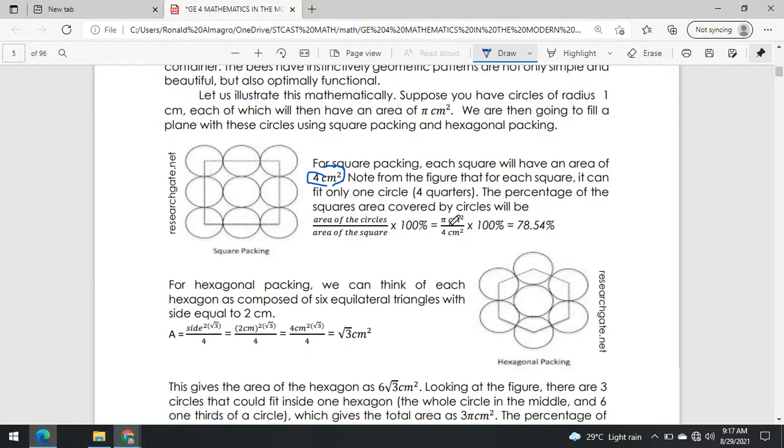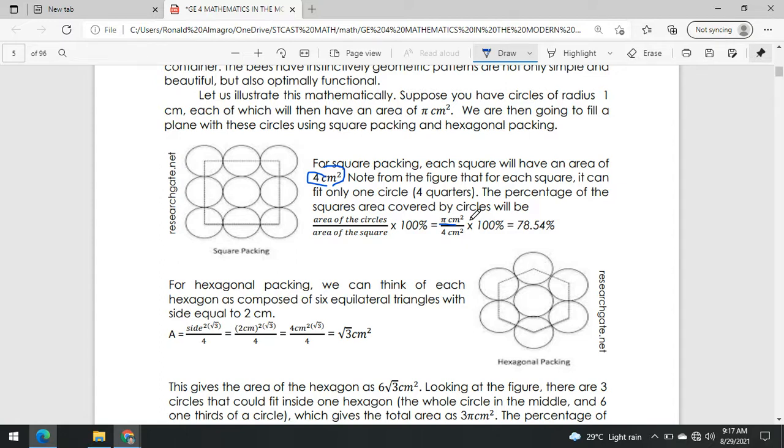Okay, so this is our area of the circles in centimeter square units, by pi r squared. The radius is 1 centimeter.